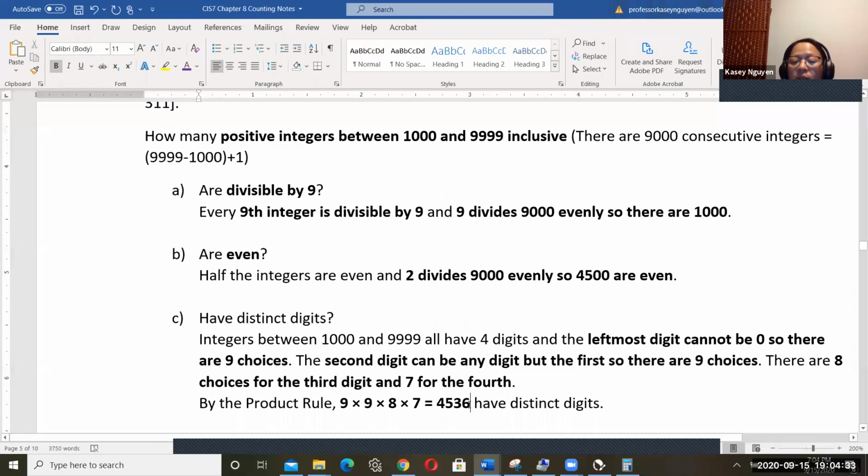So that gives us 4,536 distinct digits. So this one is a permutation. Okay, any questions?